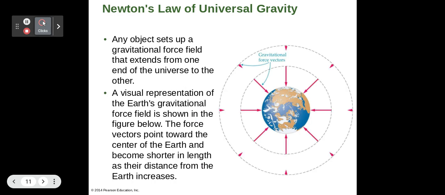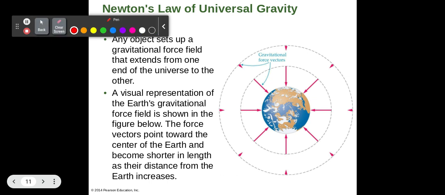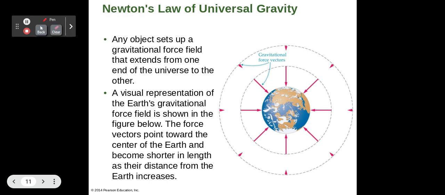Any object sets up a gravitational force field that extends from one end of the universe to the other. The visual representation of the Earth's gravitational force field is shown in that figure. So it's just showing you, using arrows and vectors, what direction gravity is acting. Obviously, gravity is acting straight down towards the Earth at every point on the Earth.